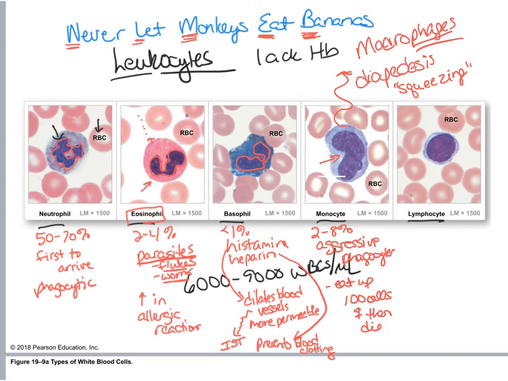And then we finally have these lymphocytes. Lymphocytes are the second most common. Lymphocytes make up 20 to 30% of all white blood cell populations. Most of these are found in connective tissues, and they're also found in organs of the lymphatic system.